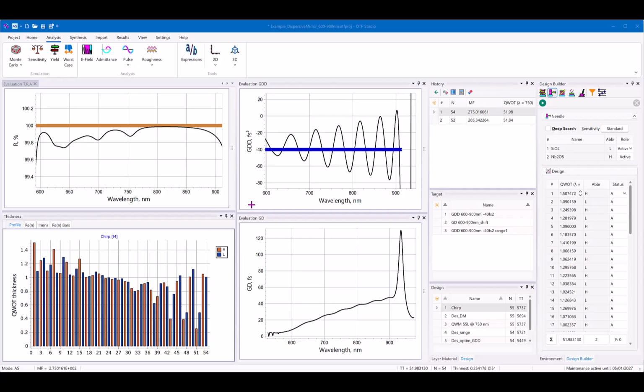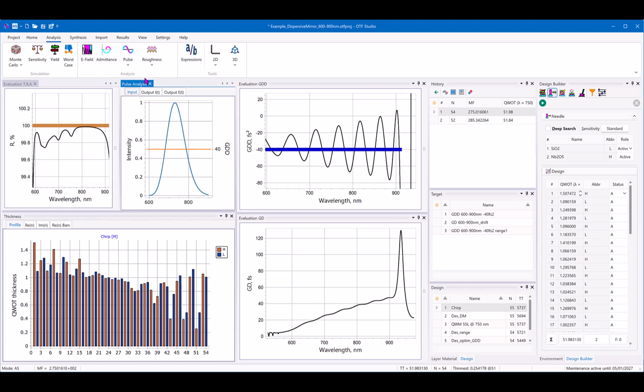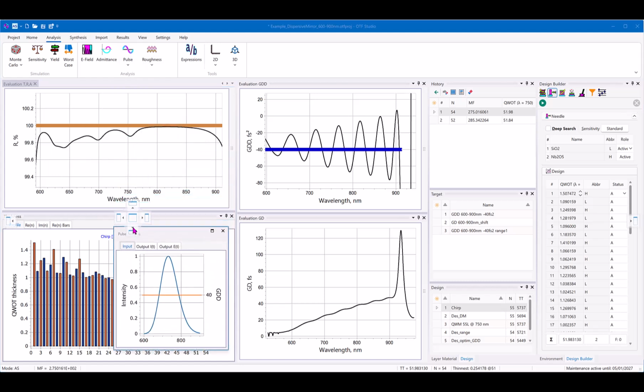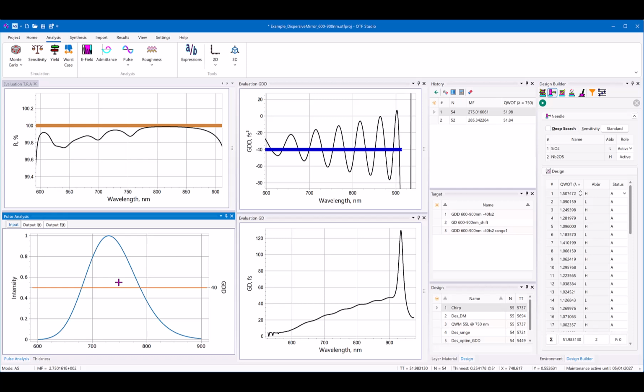Let's now verify how these oscillations in group delay dispersion affect the pulses. So what happens with the pulse after interaction with this dispersive mirror, with this dispersive design? I open pulse panel from the analysis ribbon, and here we can see spectral intensity distribution of the pulse.